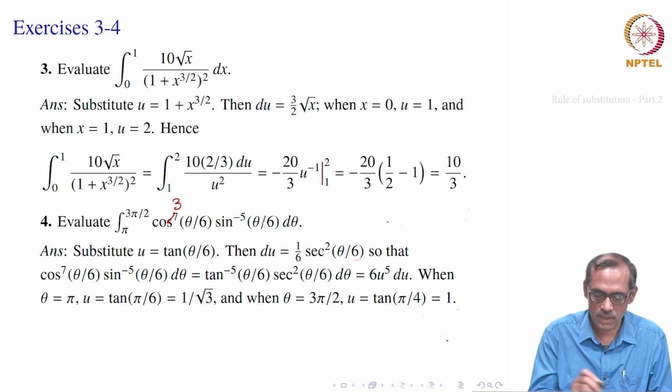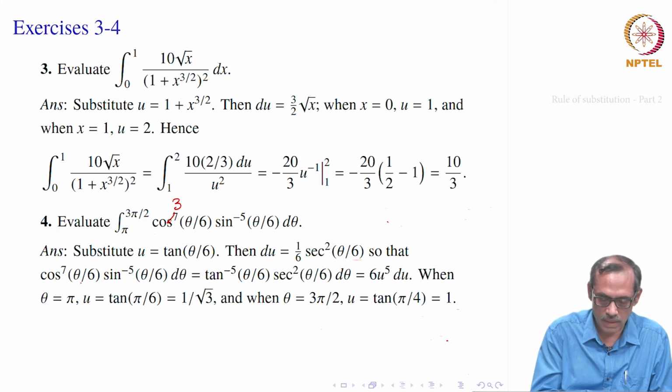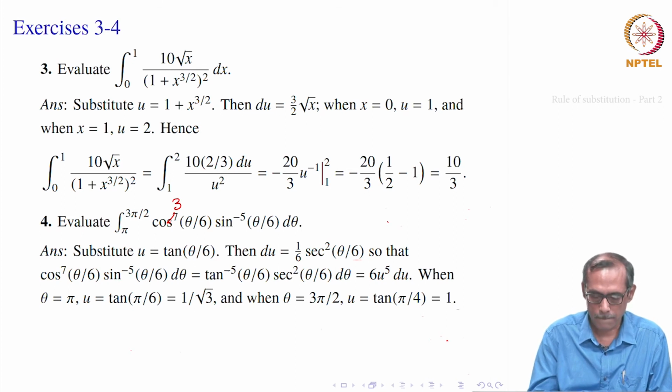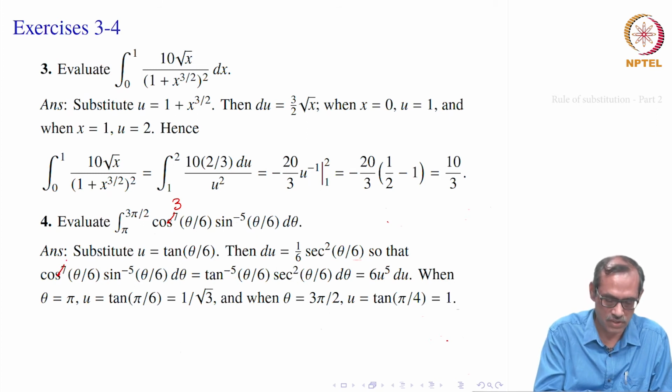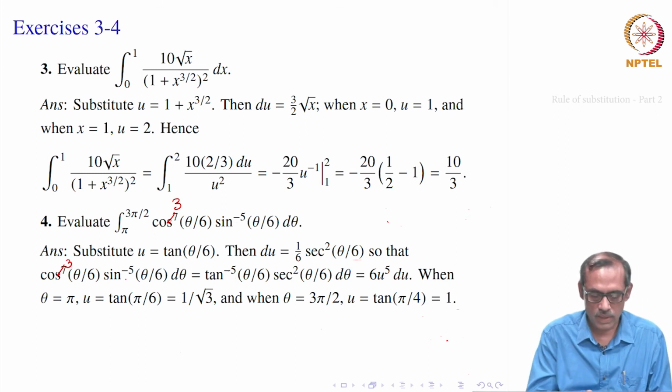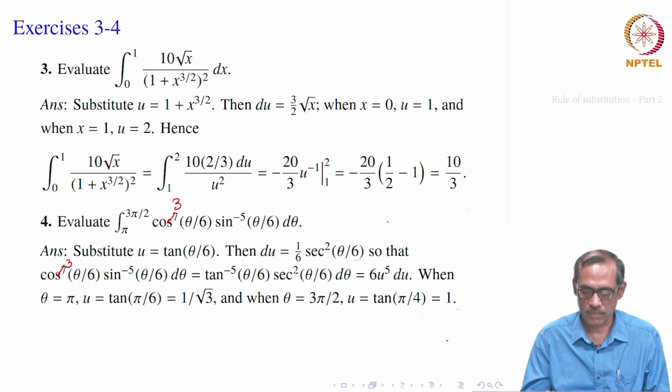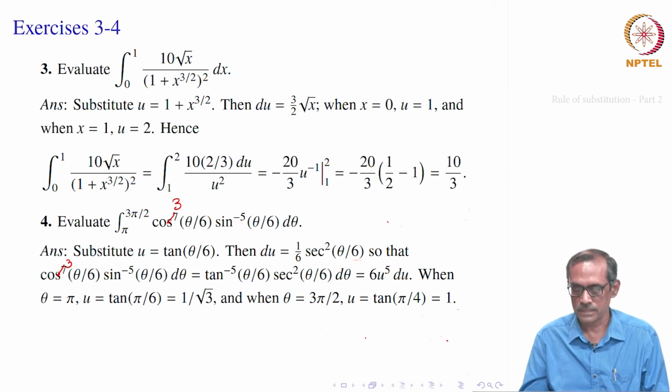And what about the other function? It is cosine cubed theta by 6 times sine of minus 5 theta by 6, that we can write as tan minus 5 theta by 6 into secant square theta by 6. So it is really cosine minus 2 here, cosine 5, so that gives you cosine 3.